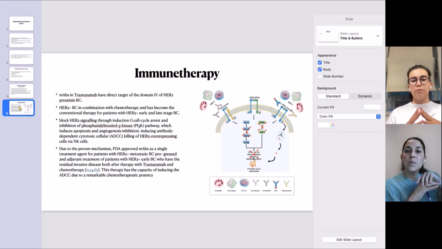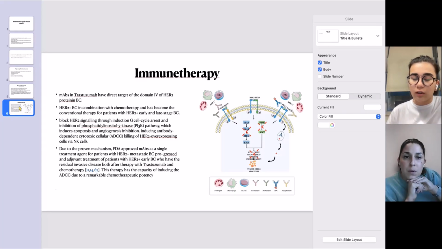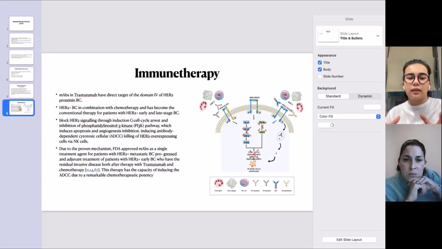So here is the immunotherapy that was suggested, using a monoclonal antibody to target the HER2 receptor. Basically, the monoclonal antibody is found in the drug trastuzumab, and it directly targets domain 4 of the HER2 protein of the breast cancer.